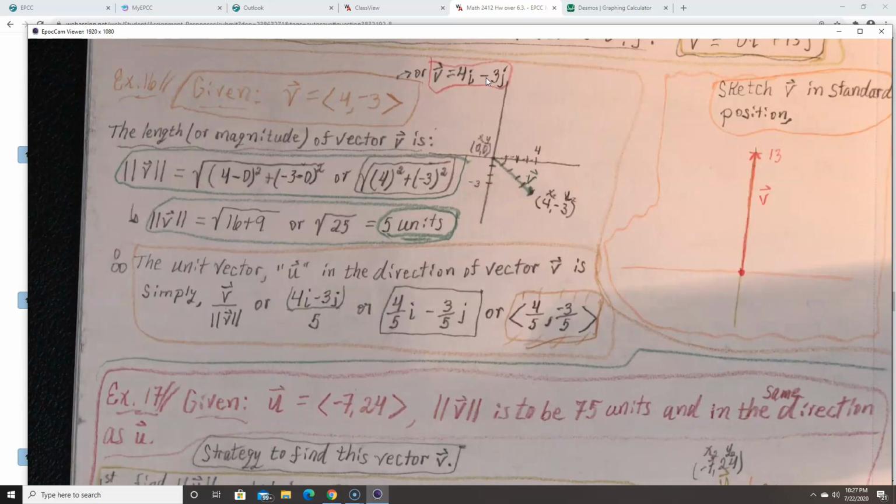We start at the origin, and then we read either the component form or the linear combination form to figure out how much to move horizontally, how much to move vertically, and that gets us to the terminal point of our vector.